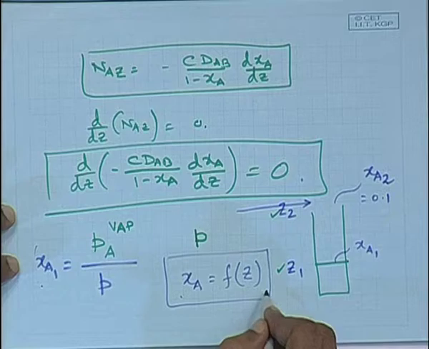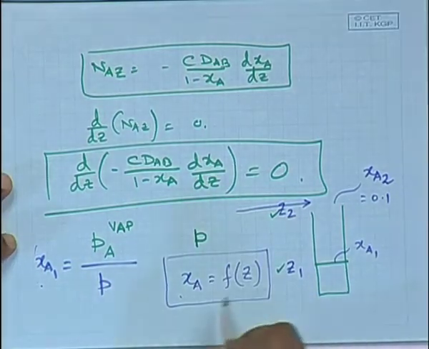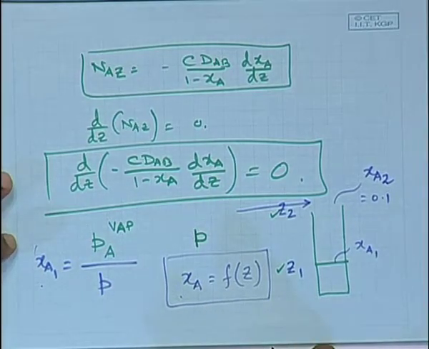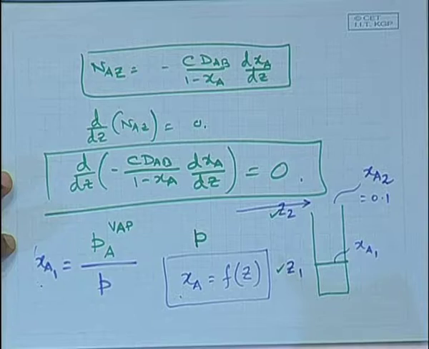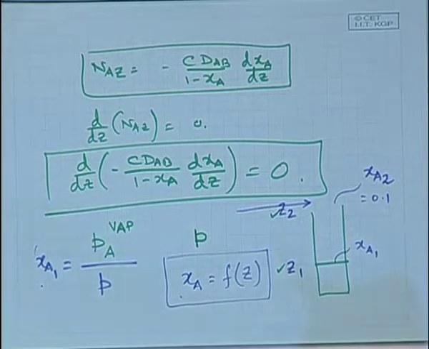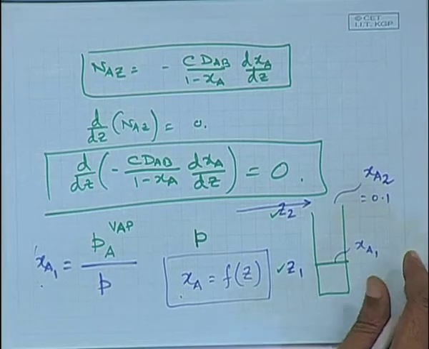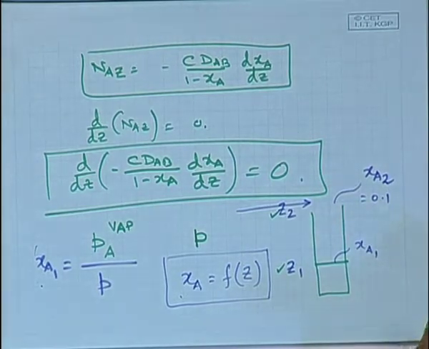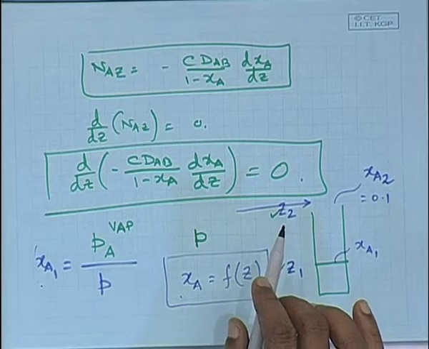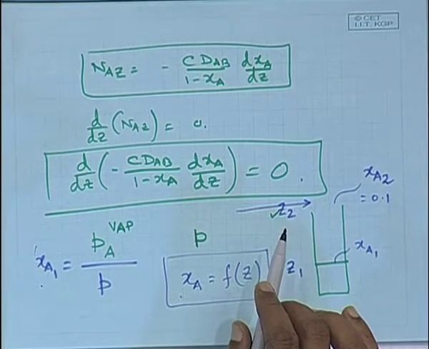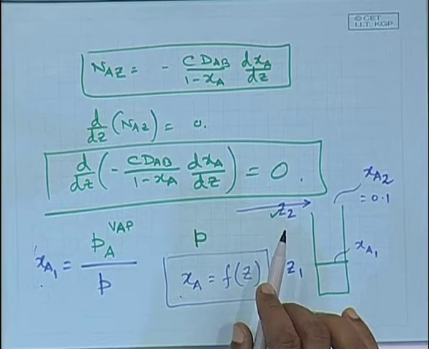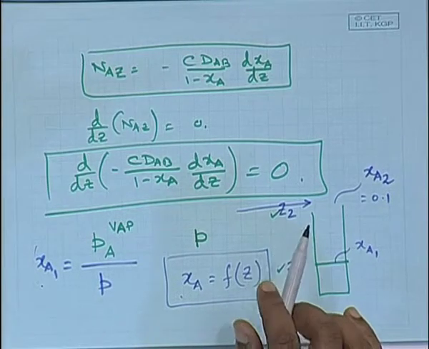Suppose this expression, which we will not derive here, is given to you. Would you be able to find out the rate at which the evaporation is taking place? How do you derive that? dXA by dZ at which location?